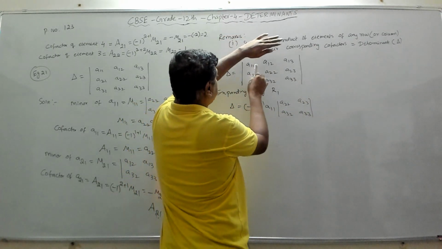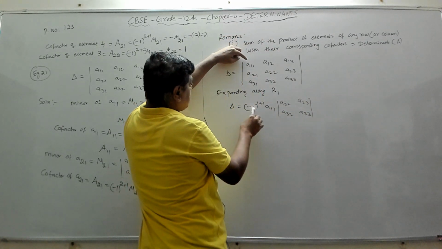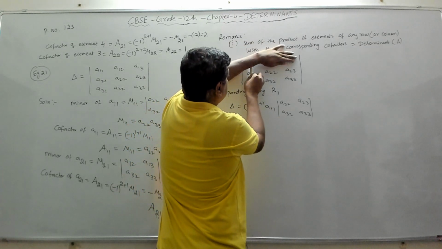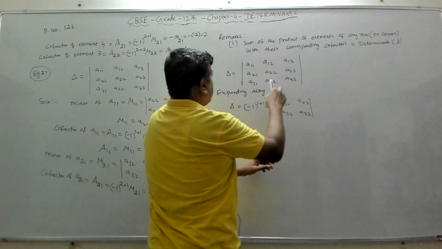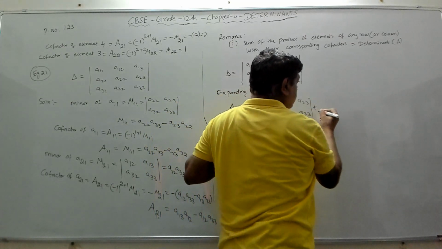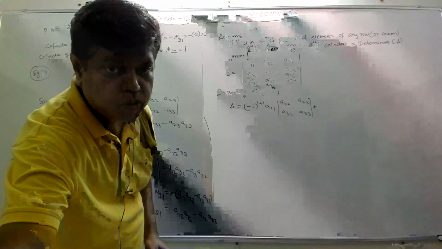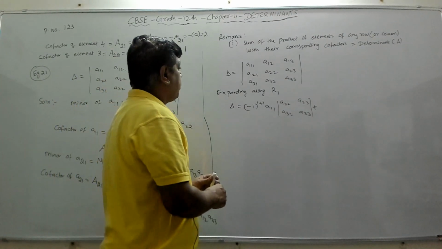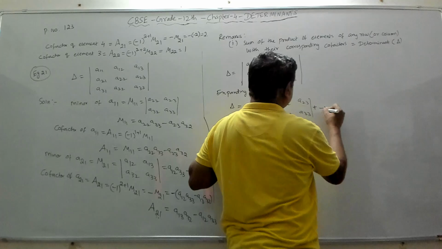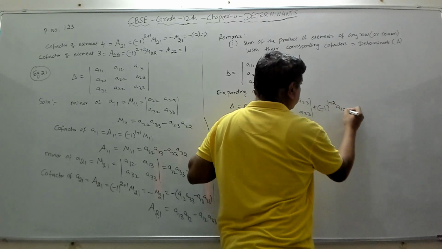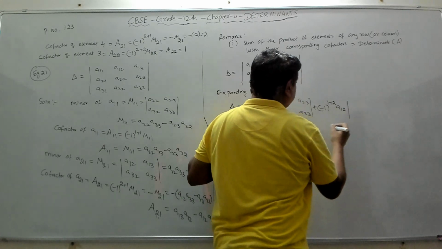Then plus the next element A12, which is minus 1 power 1 plus 2 A12 into determinant.